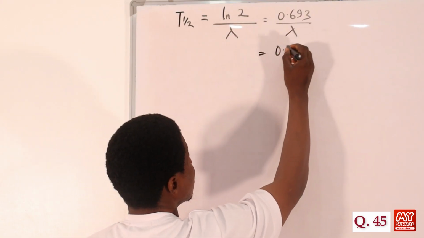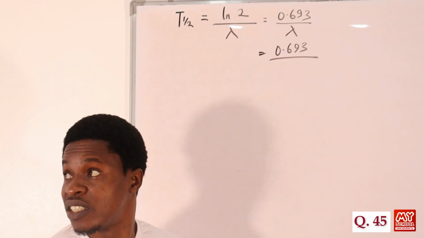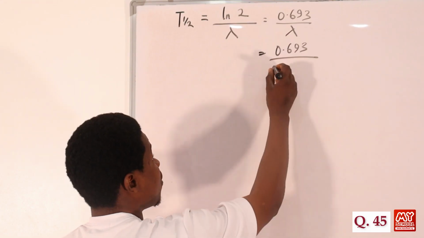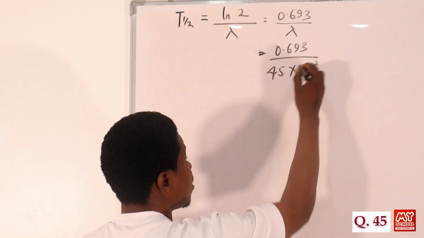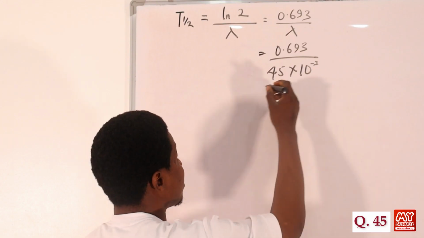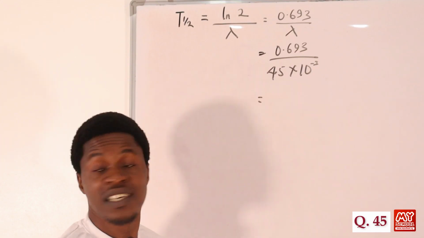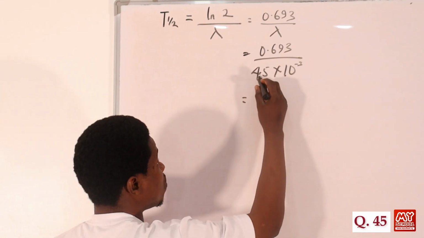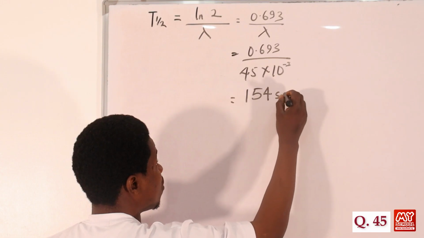We have 0.693 divided by the constant we're given, which is 4.5 times 10 raised to power negative 3. When you divide that with the calculator, we have 154 seconds.